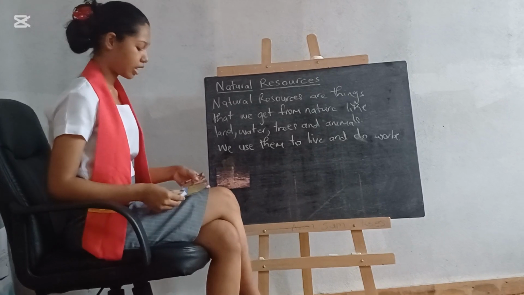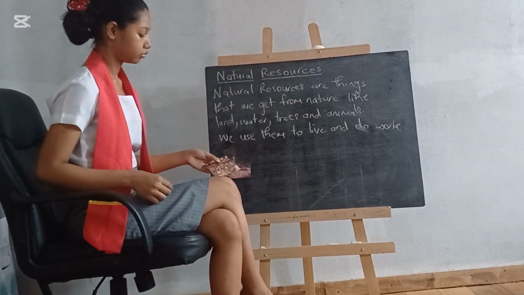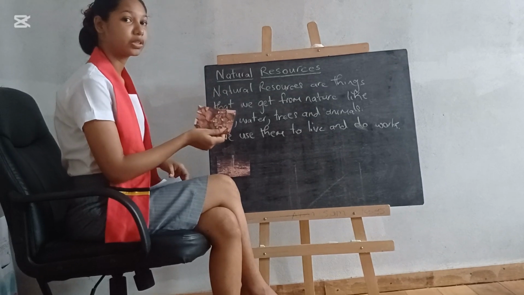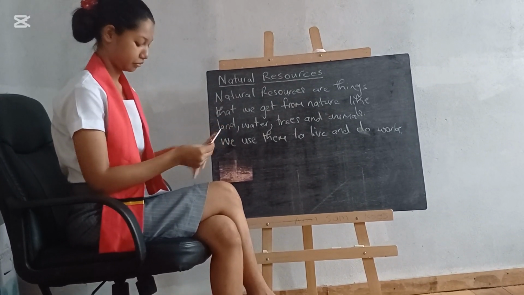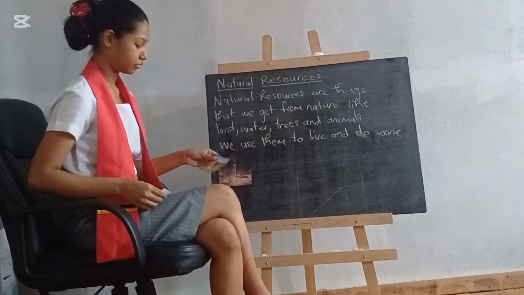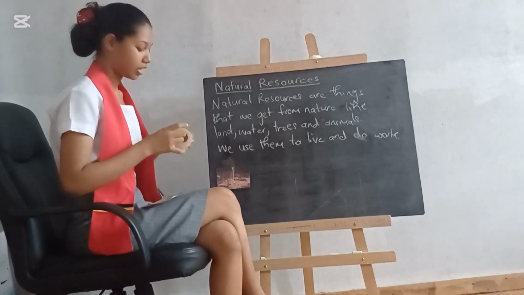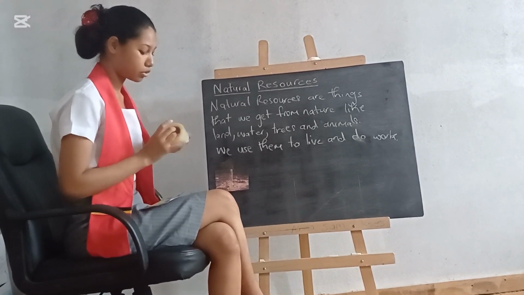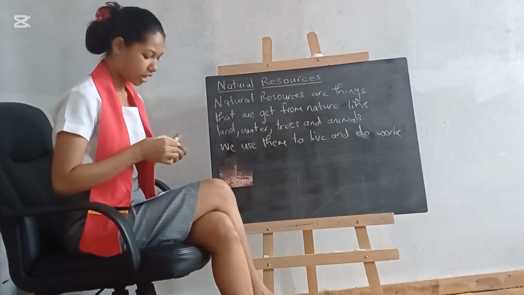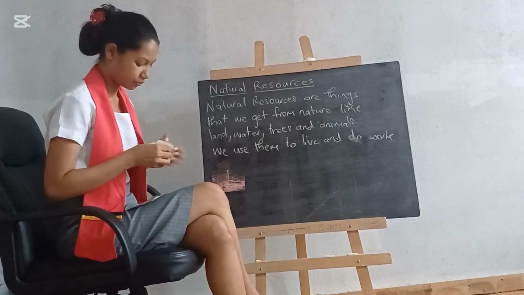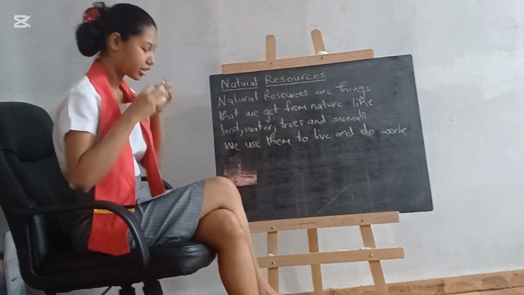We also have here, what does this one look like? These are animals, and the animals are also a natural resource. Can you think of what we use animals for? Okay, that is correct.